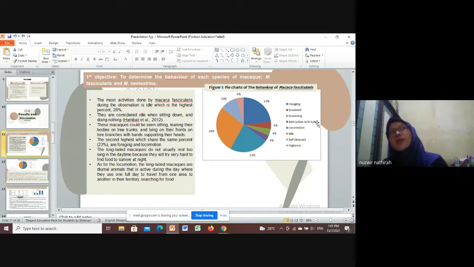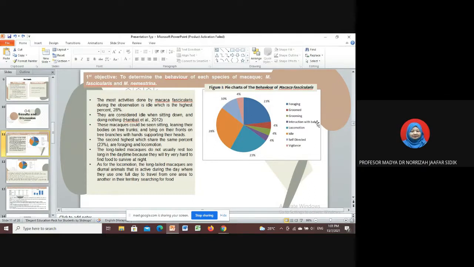In terms of behavior, Macaca fascicularis is more active than Macaca nemestrina, because of the size of the body, or maybe because Macaca fascicularis is more attracted to the visitors. But Macaca nemestrina like to stay in one place and stay silent. One active, one silent. Yes.